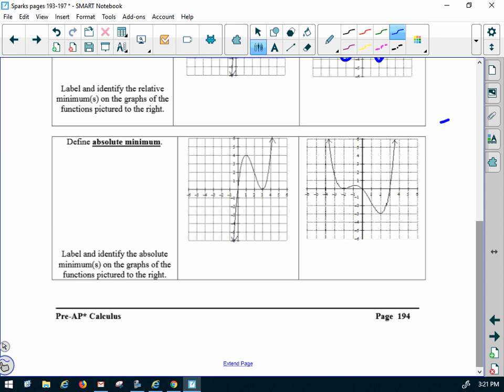Negative infinity is not a number. Okay. What's the lowest y value on that graph? There isn't one. Doesn't that function continue to decrease without bound? There is no absolute minimum here because there is not a lowest point on that curve.